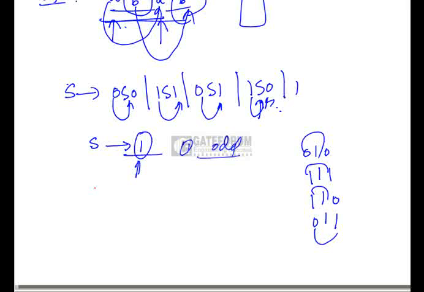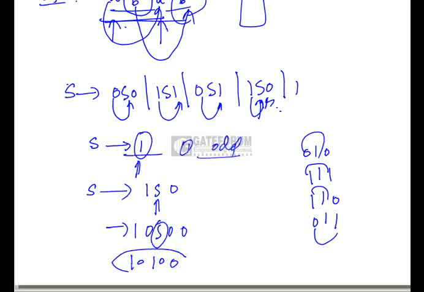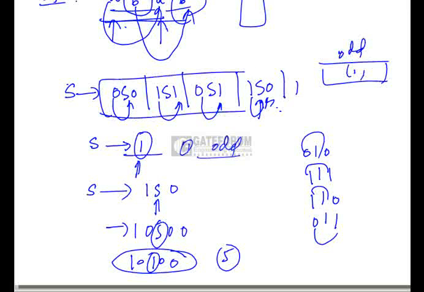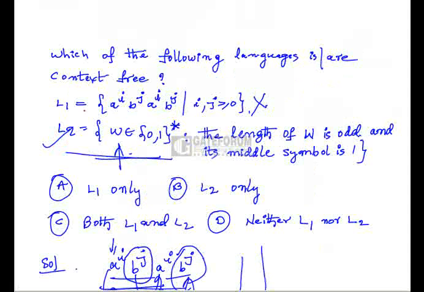If you take any of these productions, for example S to 1S0, again this S can be replaced with 0S0, and then this S can be replaced with 1, so that the length of the string is 5 but the middle symbol is 1. So any string you take whose length is odd and its middle symbol is 1 will be generated by this grammar. So when the grammar exists, that is a CFG, the given language is a context free language. So only L2 will be the context free language, L1 is not a context free language. So option B is the right option here.